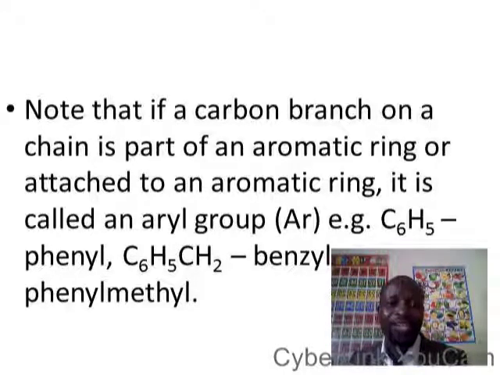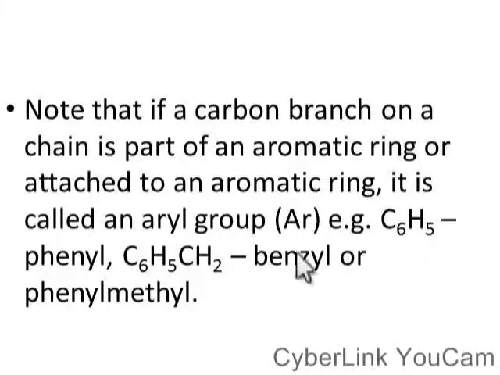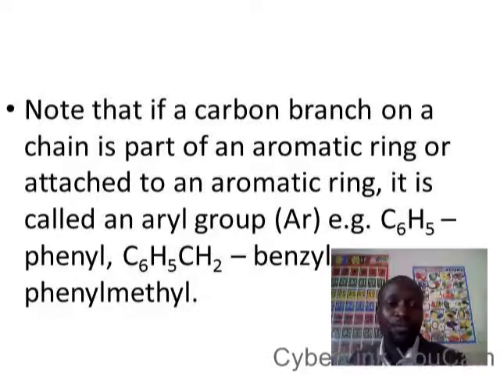Now, take a full concentration of this. Look at this one now. This is methylphenyl. This is the phenyl. The phenyl is C6H5. And the CH2 has become a methyl because there is an attachment joining to the phenyl group.